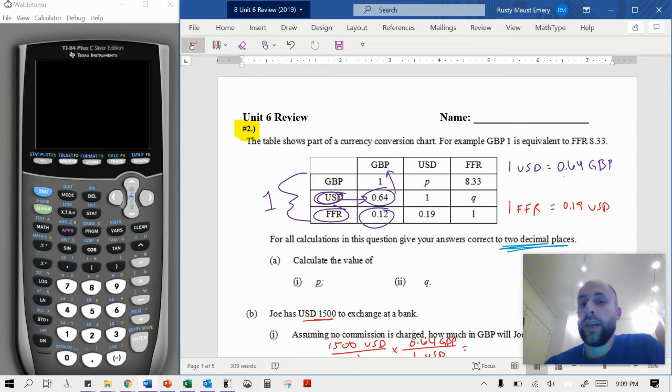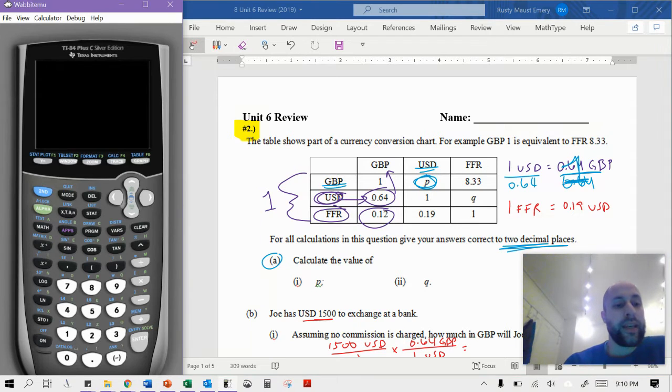1 US dollar is 0.64 Great British pounds. So what we want to know in part A is what does 1 Great British pound equal in US dollars. So in this little equation I have here, what I want to know is what one of these is equivalent to in US dollars. If I divide by 0.64 on both sides, that will give me 1 over here.